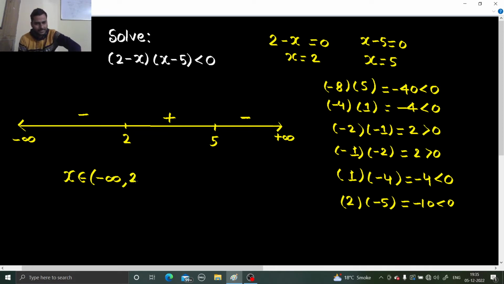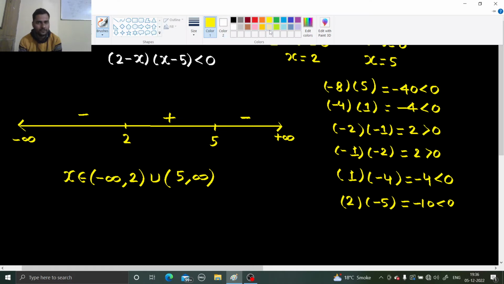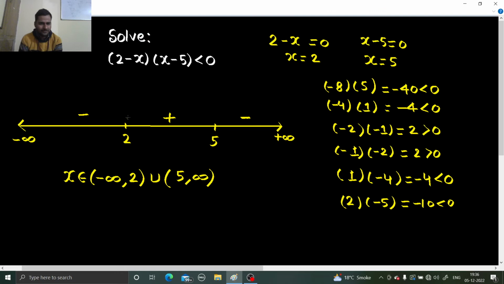Since one more region is there, put a union there, and then 5 to infinity. Fine. This is the algebraic solution in the form of sets. Now if you want to give a better looking solution, then I recommend drawing a graph, which will again be these two regions only.